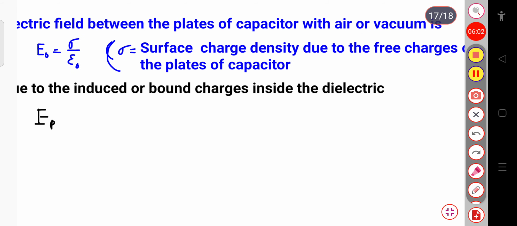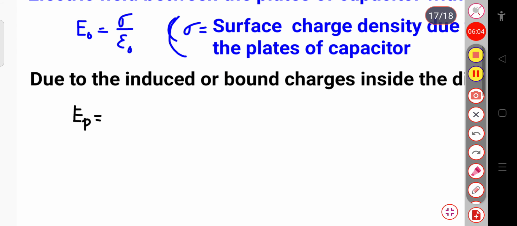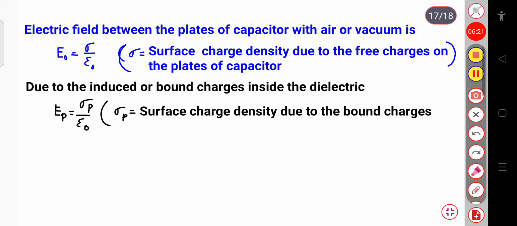This EP will be equal to sigma P divided by epsilon naught. Here sigma P is the polarization charge per unit area of the dielectric slab, or the surface charge density due to the bound charges. Okay. The surface charge density due to the bound charges is sigma P, and the surface charge density due to the free charges on the plate of the capacitor is sigma.